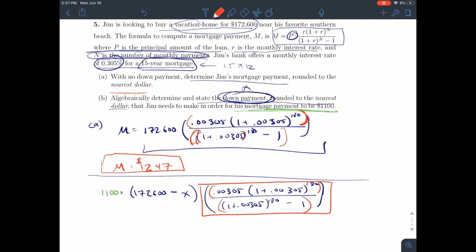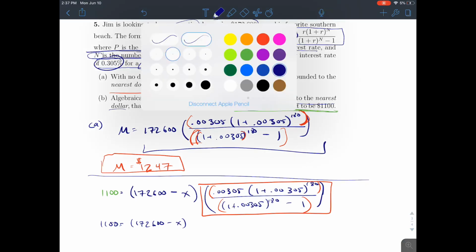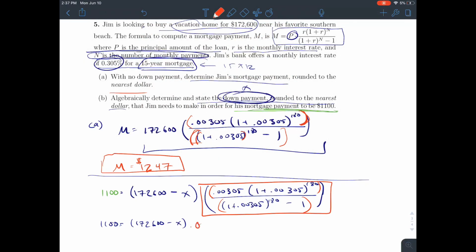So plugging in on my calculator gives me 1,100 is equal to the red bits. I'll just put it at the end. So I'll leave this 172,600 minus our down payment. The red bit is 0.007228, rounding to 4 decimal places.